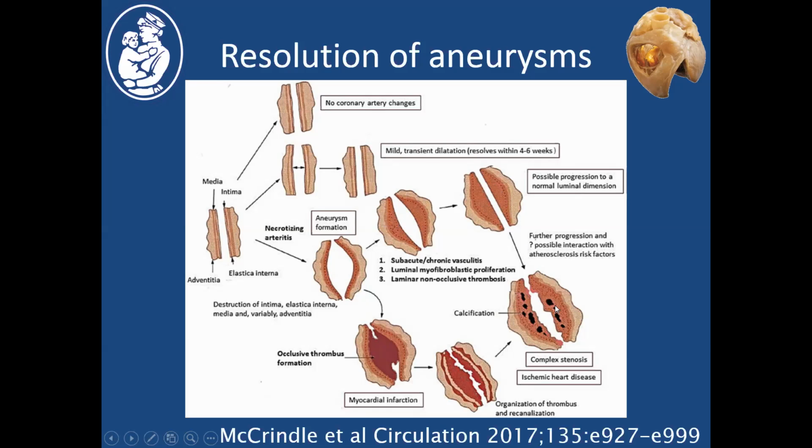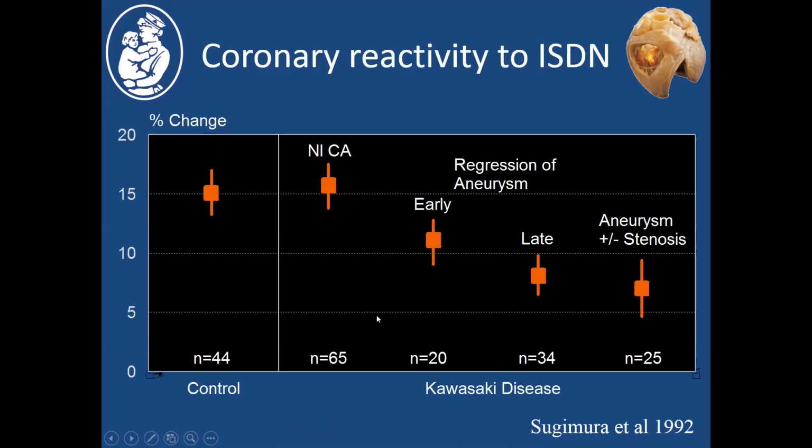This can then calcify. We can see development of stenosis as the proliferation continues. And so you get stenoses, particularly at the ends of the aneurysms. You can get calcification in the aneurysm itself, and this can lead to ischemic heart disease. We know that the coronary arteries don't react normally.